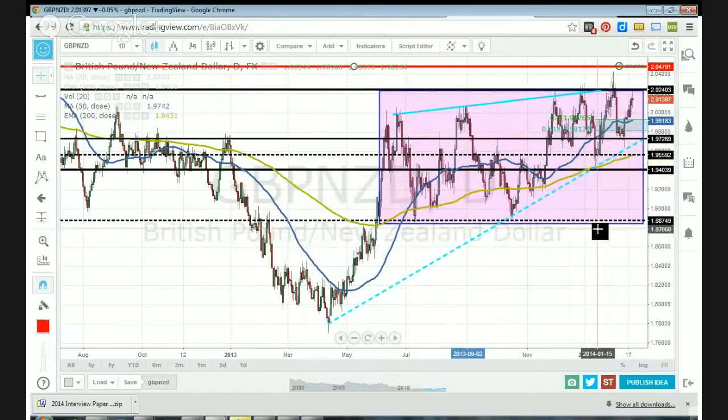And the profit target, it's 240 pips away. I think this is the nearest profit target I'd want.